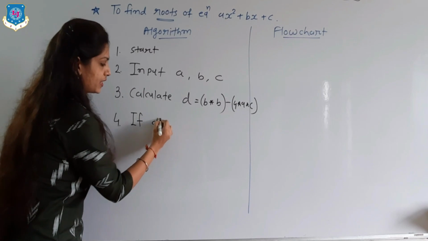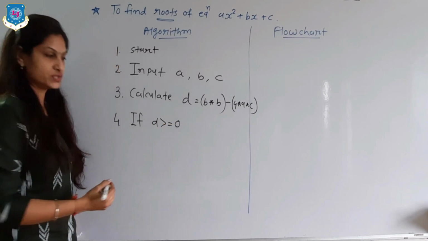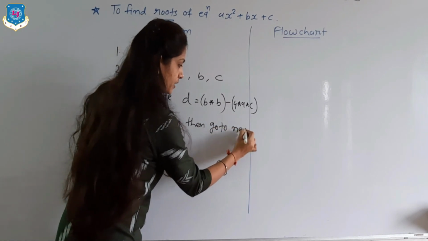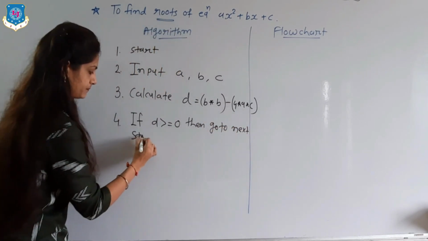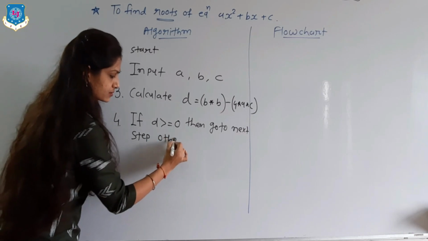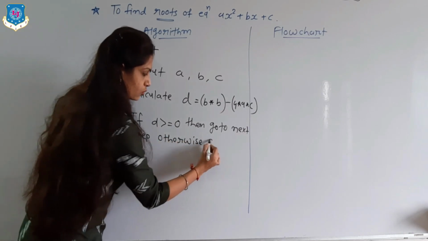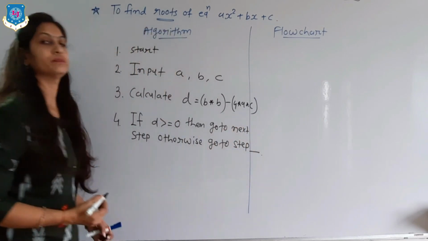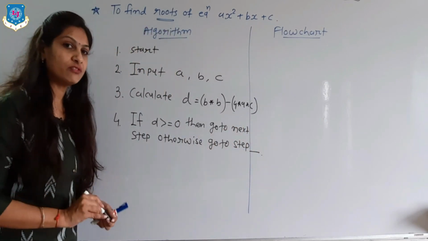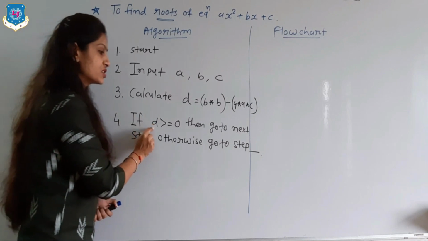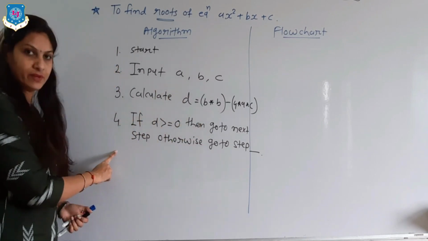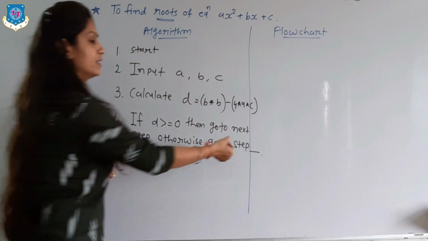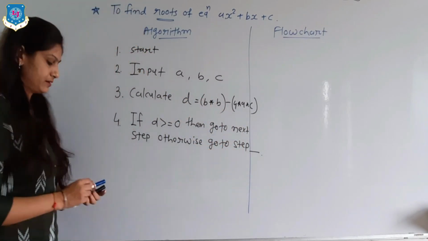If d is greater than equal to 0, then go to next step, otherwise go to step blank. Now what is the meaning of these statements? If this condition is true, then we have to jump to the fifth step, otherwise we have to jump to some place, that is step number, keep it blank right now.